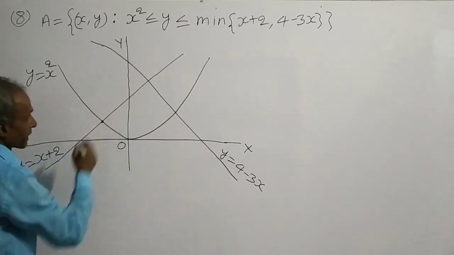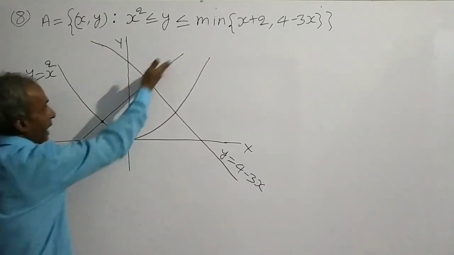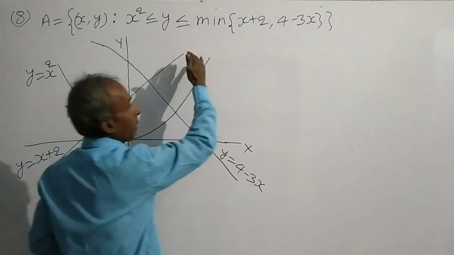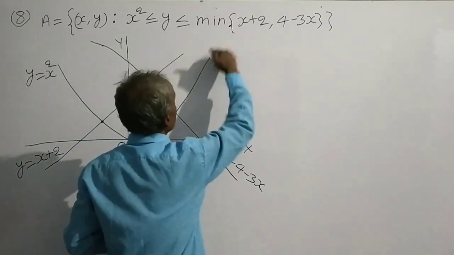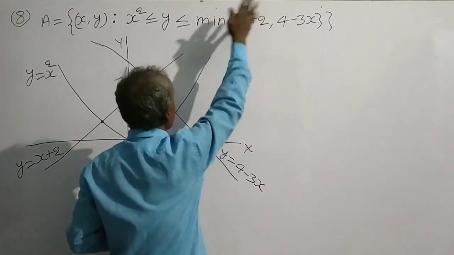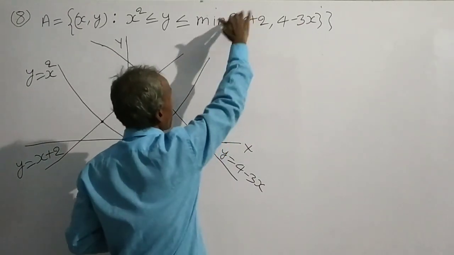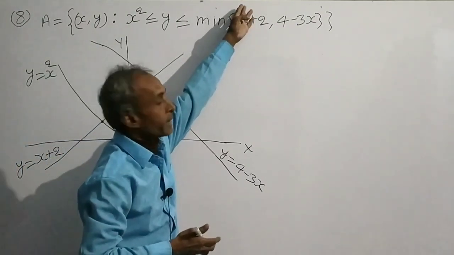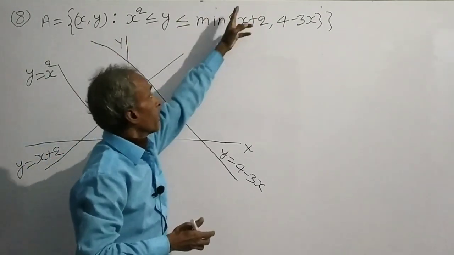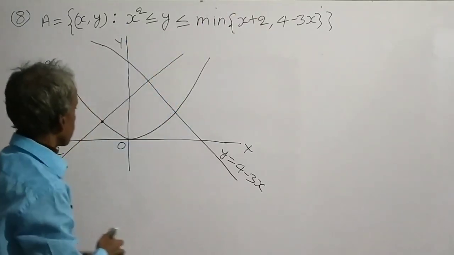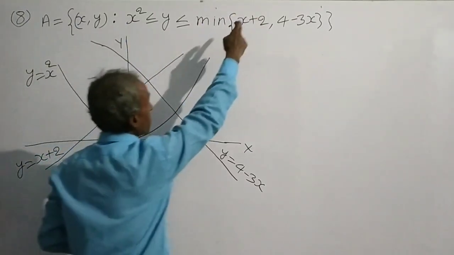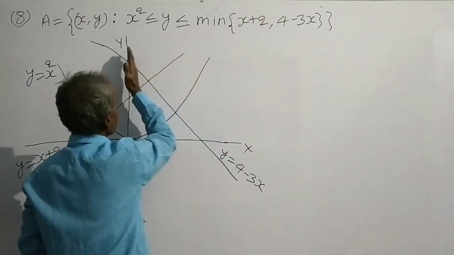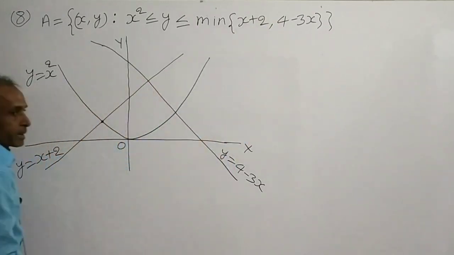This straight line will also intersect this parabola when we extend this parabola ahead and this straight line ahead. Then we will get some point of intersection on this side of the y-axis. But we are not interested in finding the point of intersection lying on the right side of the y-axis.